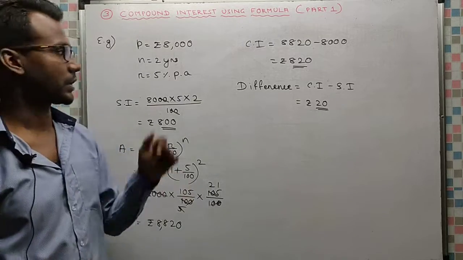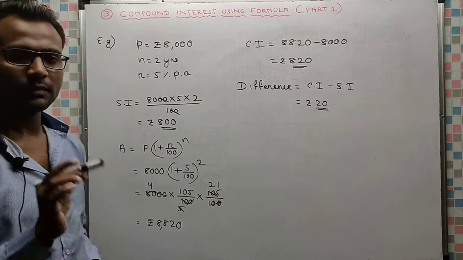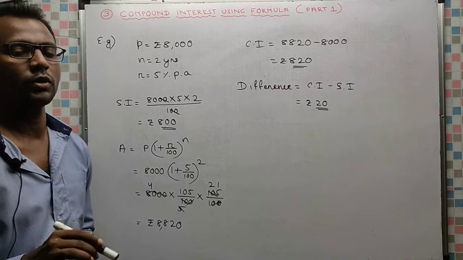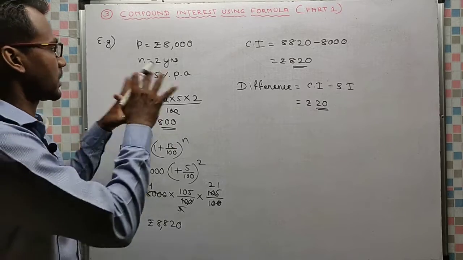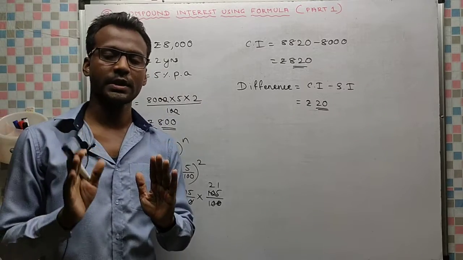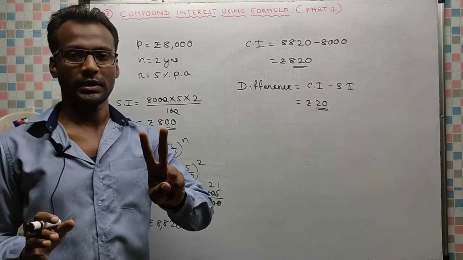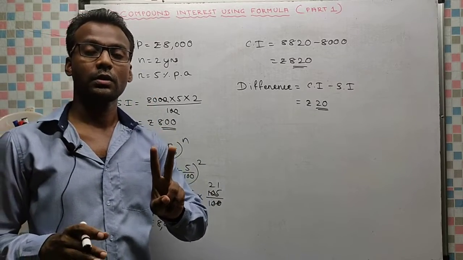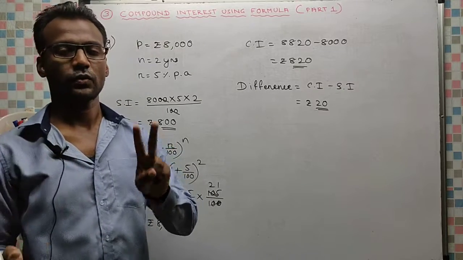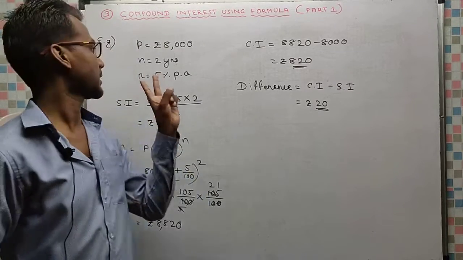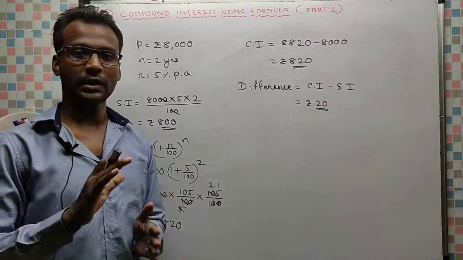We have one shortcut for this question, but that shortcut formula is applicable only for such questions, difference between compound interest and simple interest. And that too for time only for 2 years. It is not applicable for time 3 years or 4 years, only for 2 years, and fixed rate of interest, and that too yearly, annually.